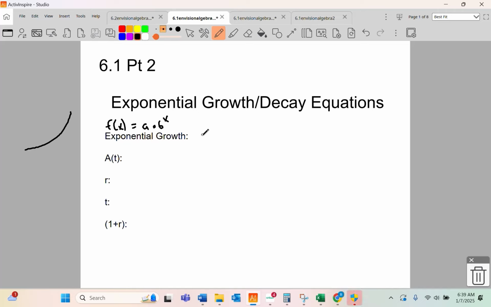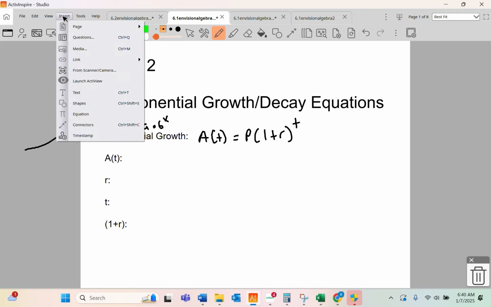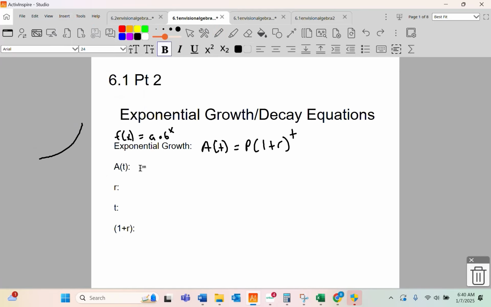We use a slightly different form. The amount after time passes, A sub t, is the principal times 1 plus the rate of growth, to the t. And A sub t is literally the amount after time passes. That's all it is.